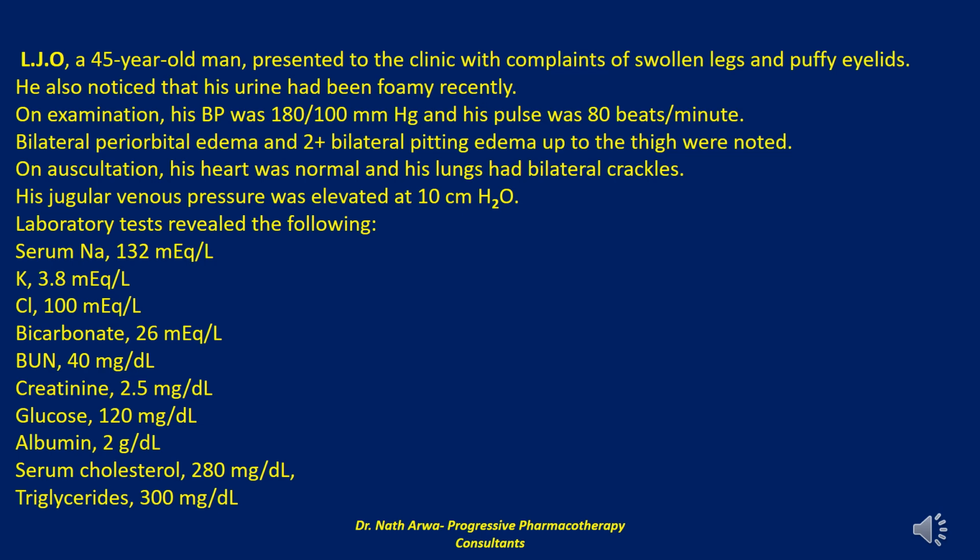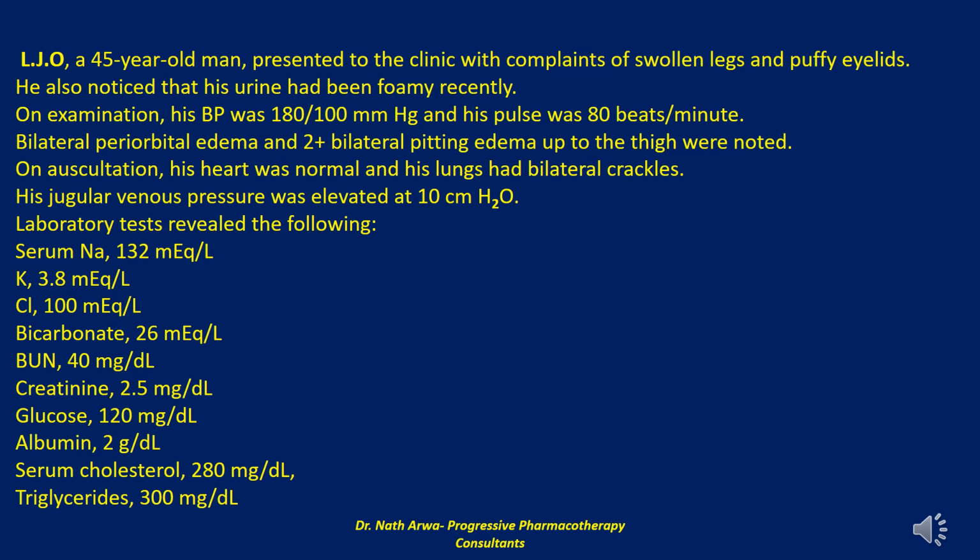Laboratory tests revealed the following: serum sodium levels of 132 milliequivalents per liter. Potassium levels of 3.8 milliequivalents per liter. Chloride levels of 100 milliequivalents per liter. Bicarbonate of 26 milliequivalents per liter. A BUN of 40 mg per deciliter. Creatinine of 2.5 mg per deciliter.